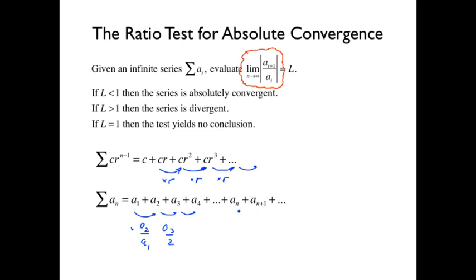And what would you multiply an by to get the next one, an plus 1? an plus 1 over an. So with geometric series, what does that multiplier have to be for it to converge? Less than 1, right? So in any generic series, maybe the multiplier changes. So maybe a2 over a1 is different than a3 over a2.